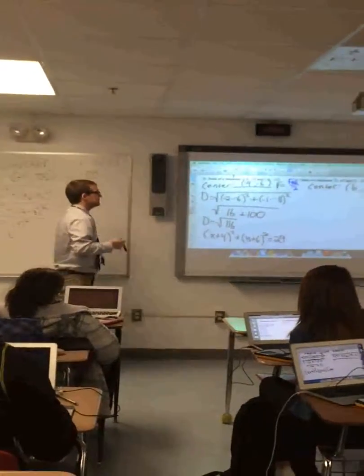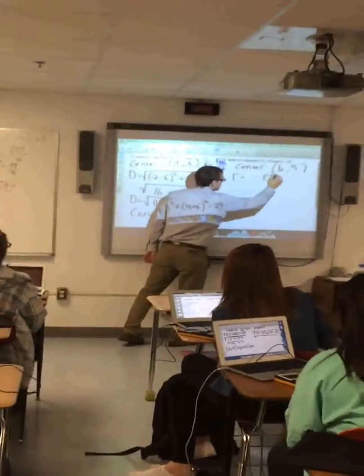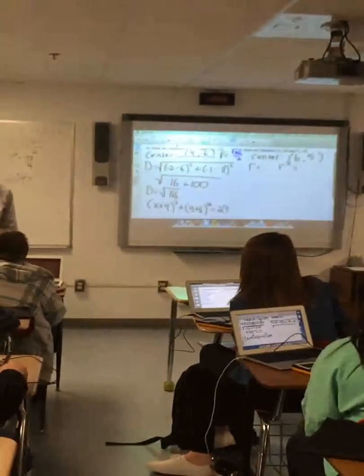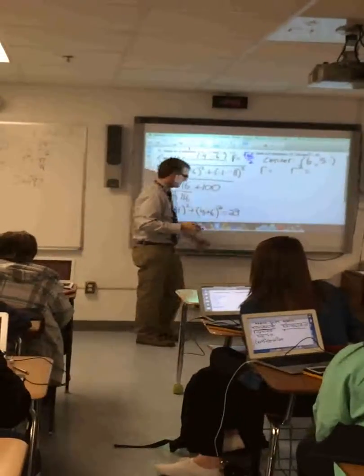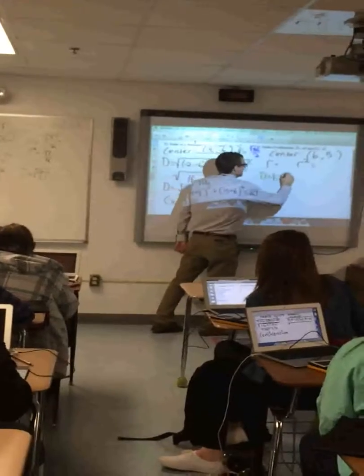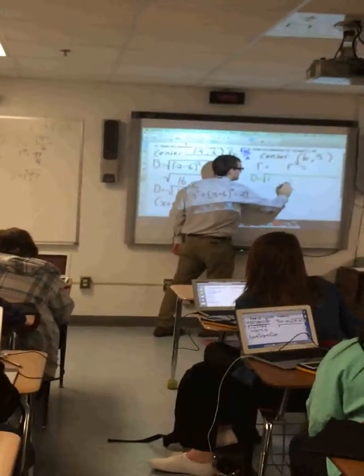Now I need to find my radius, and then ultimately my radius squared. All right, so I'm first going to find the diameter using what formula? Good, the distance formula. So the distance formula is equal to the square root of the differences of the x's squared.